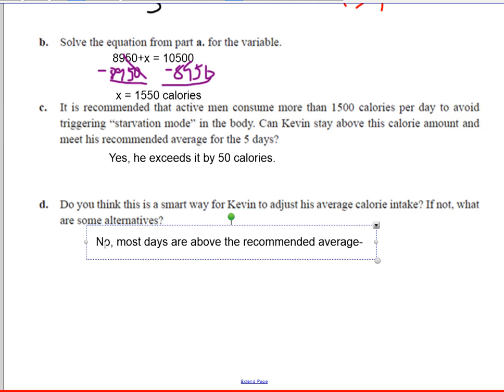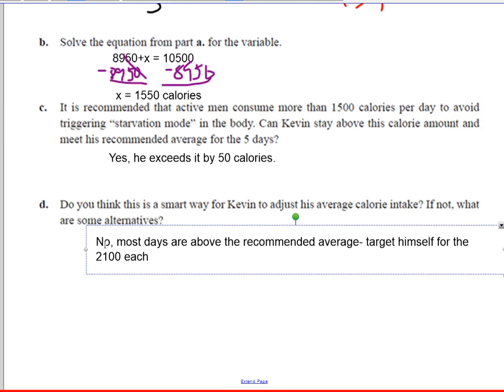And so he needs to target himself for the 2,100 calories each day. That would be my advice, because what if he goes really crazy and then he only has like 400 calories left for Friday?